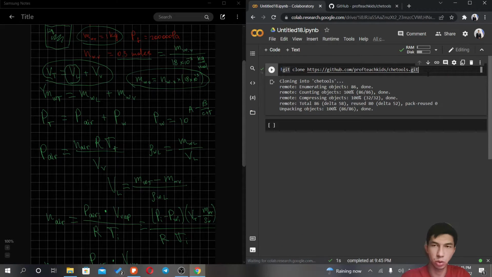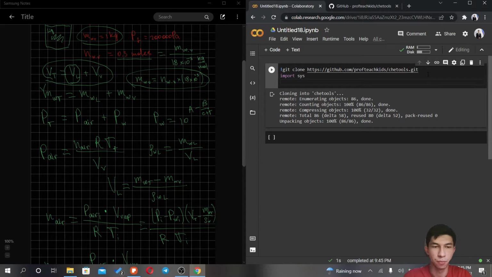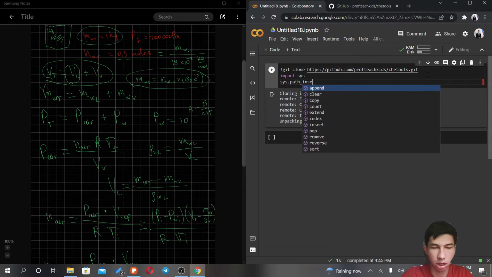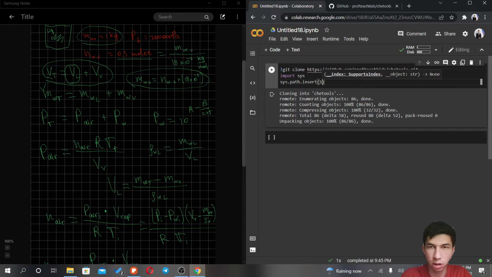So what we want to do is to import that. So we would use import sys, and sys.path.insert. So we define our path, which would be the first document in the content folder, which is CHE tools, right?